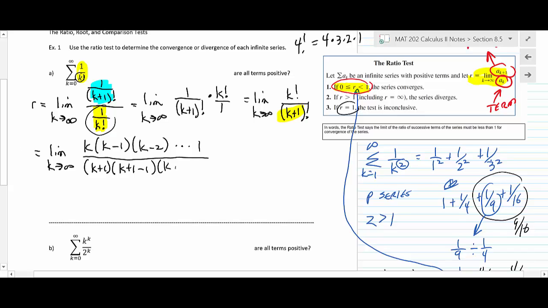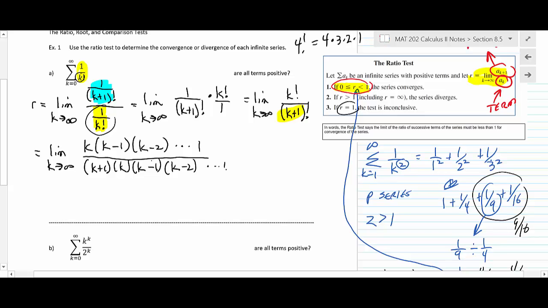It's just going to be k plus 1 minus 2, and so forth. Now, you don't have to write it out that way. I'm writing it out specifically that way so you can see what I'm doing. Sometimes students don't catch on to this immediately, so what you're really doing is this. When that goes down 1, doesn't that just go to k? And then when k goes down 1, that's k minus 1. Then k minus 2, and so forth, and eventually you'll hit 1.